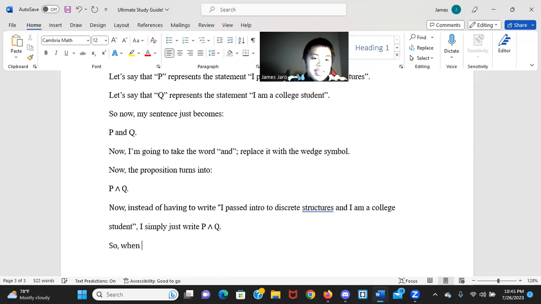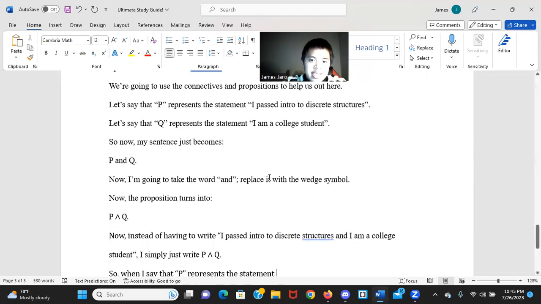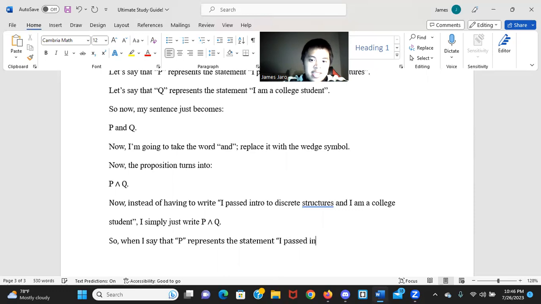When I say that P represents the statement, I passed intro to discrete structures, what I meant was that wherever I see a P, it is exactly representing the sentence, I passed introduction to discrete structures.